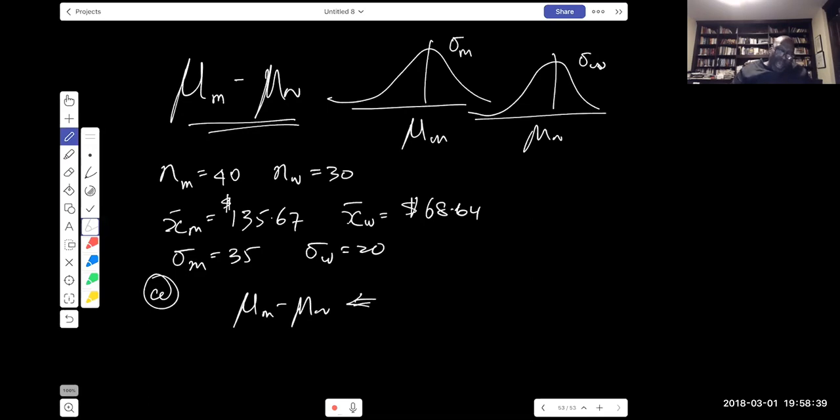The estimate of that would have to be X bar M minus X bar W. They have to look similar because remember that this is a point estimate of the true population difference. So if we're taking the mean for women from the mean for men, we must take the sample mean for women from the sample mean for men. So keep it consistent.